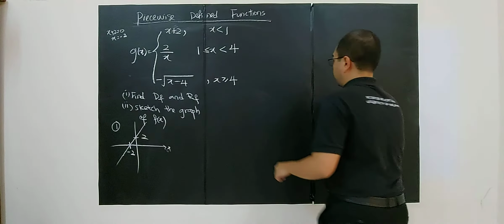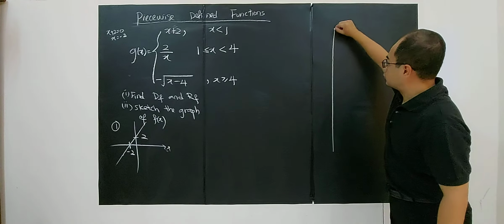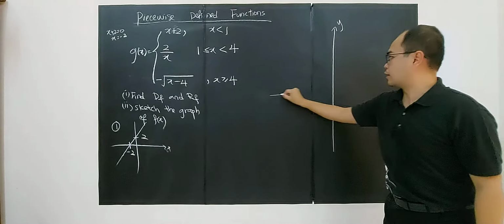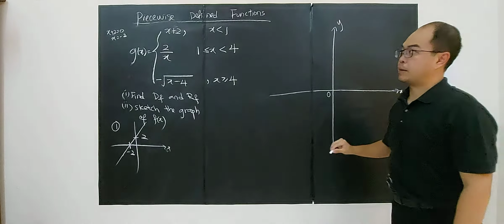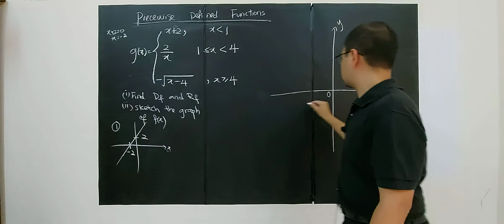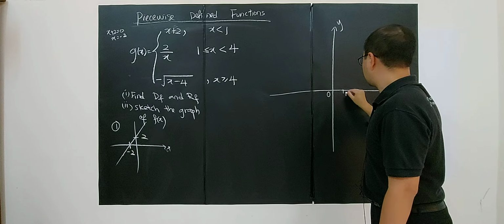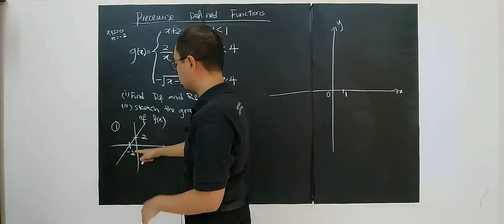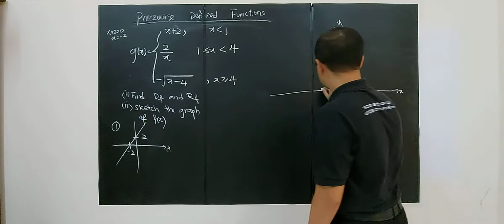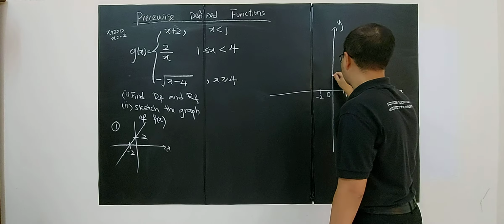I'll do it one by one so that you understand. I draw the axes here, y and x, and do it part by part. For x less than 1, it will be x plus 2. Before this you have -2 and 2.